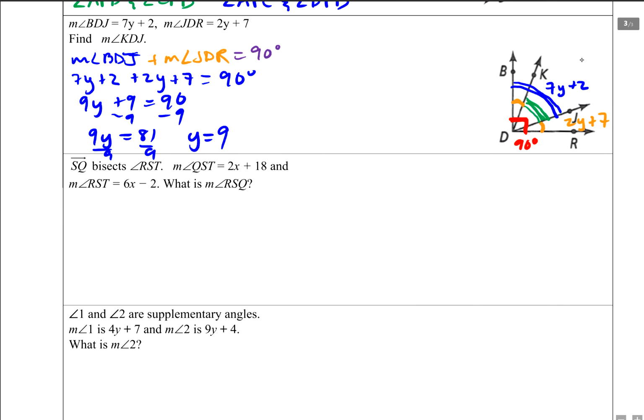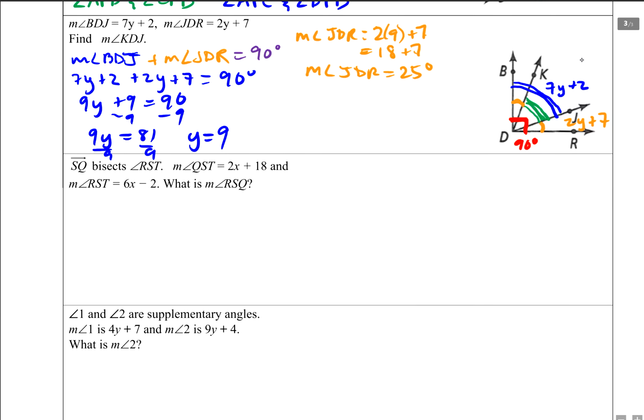So we could find blue and subtract orange, or I can just find orange. The measure of angle JDR is 2 times 9, that's my y, plus 7, so that's 18 plus 7. The measure of angle JDR is 25 degrees.